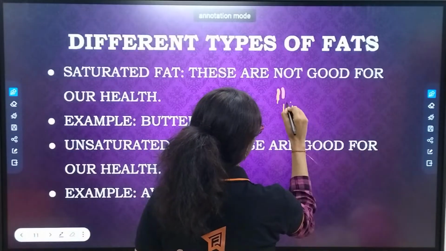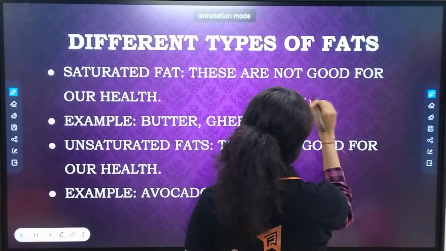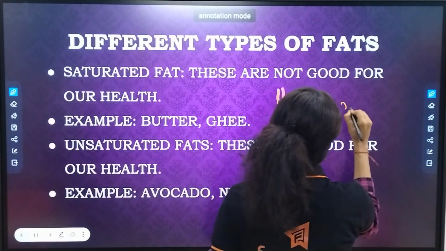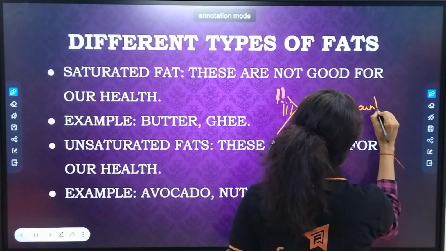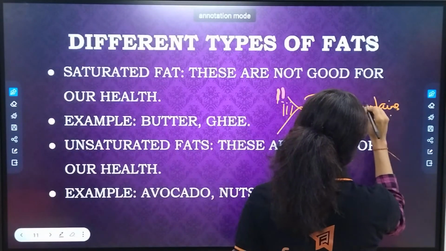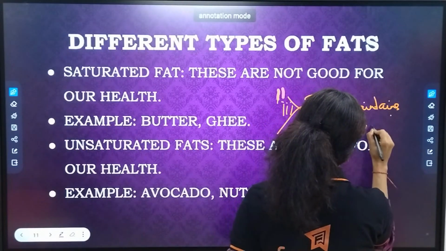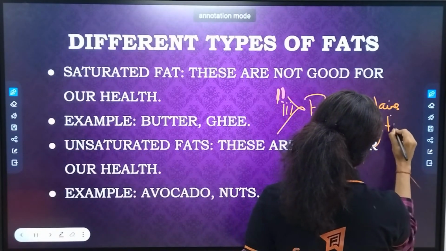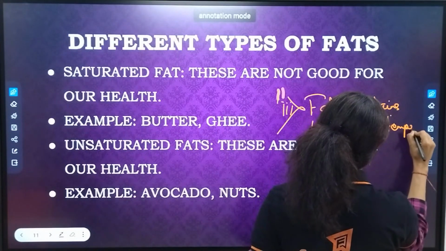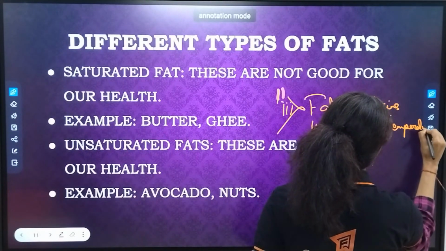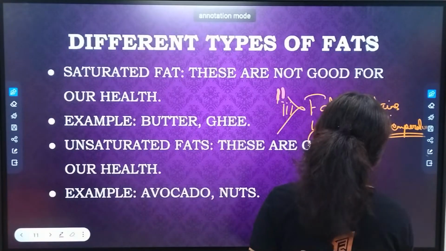The third point is fat maintains your body temperature. Okay.